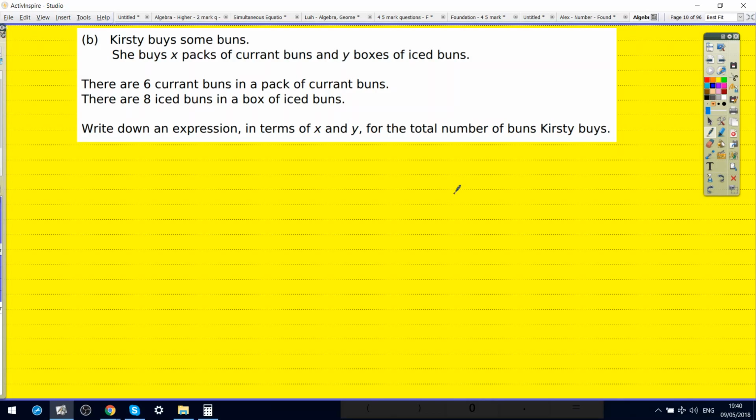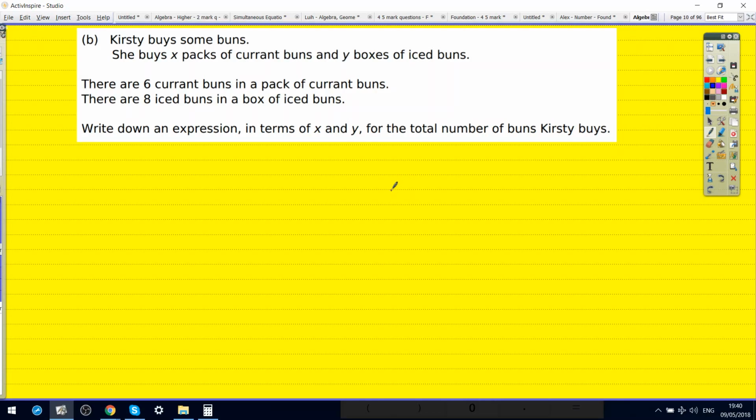Write down an expression in terms of x and y for the total number of buns Casey buys. So she buys x amount of currant buns, and then a y amount of iced buns.